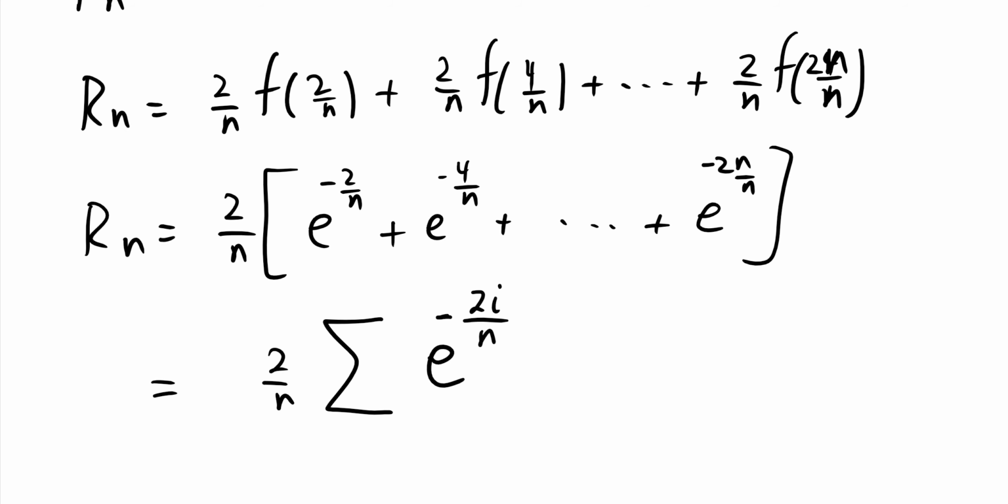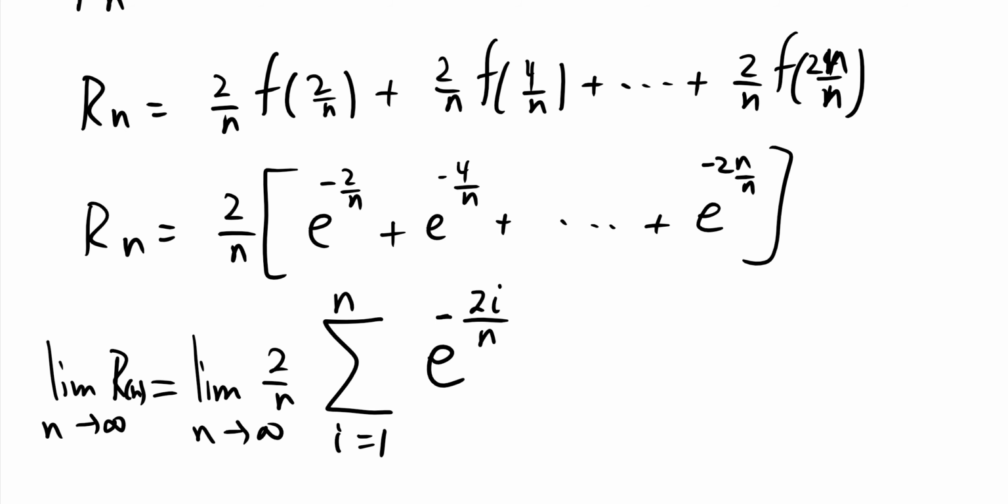That's 2i, because any even number can be written as 2i. i goes from 1 to n, and you can test it: if you substitute 1 for i, you get the first one, 2 gives you the next one, n gives you the last one. Then I take the limit of this as n goes to infinity, and this will give us the area. This is what the question is asking us to find. It didn't ask us to evaluate it, just find the expression.